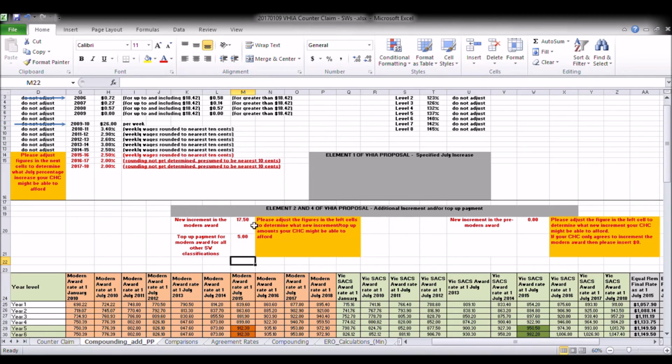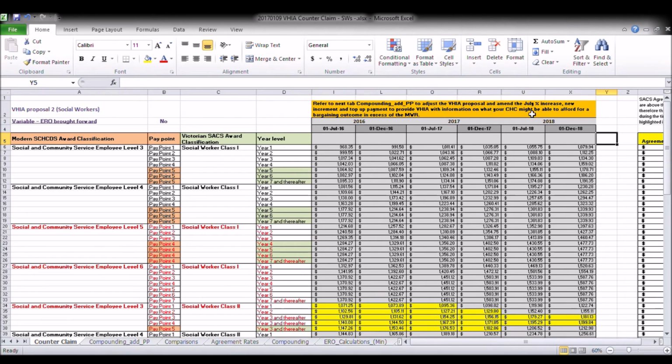So by amending these figures here, it will populate and amend the rest of the figures. When you go to the counterclaim change, the counterclaim figures would have changed.